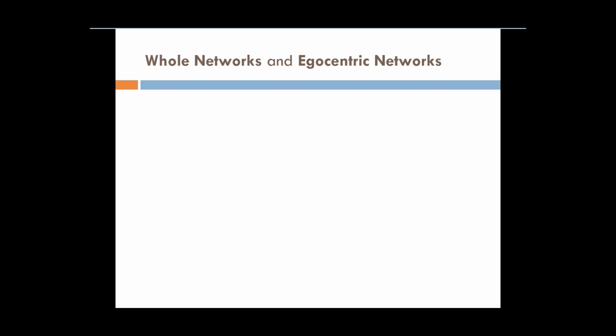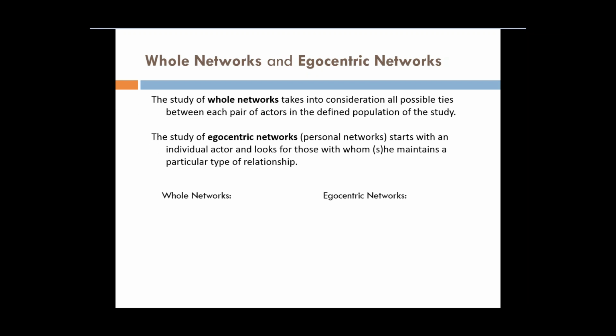One is the whole network, which is to say, you define a group first and ask what kind of interactions we can find among each pair of persons in this group. That is called a whole network, right? You have here nine persons, and you see in what way they are related to one another.